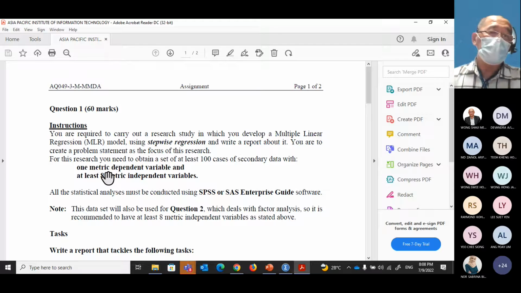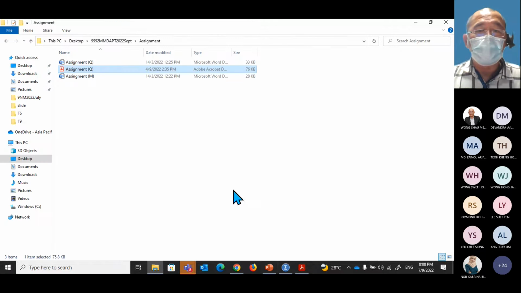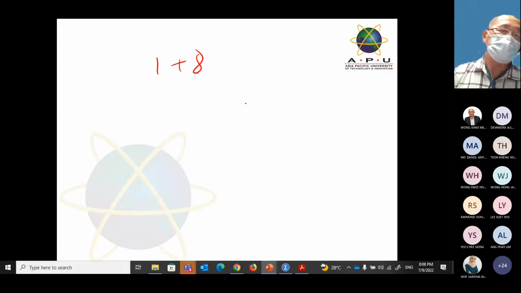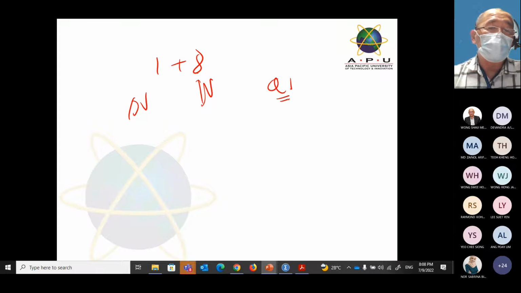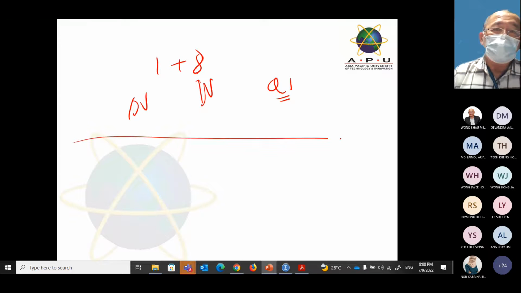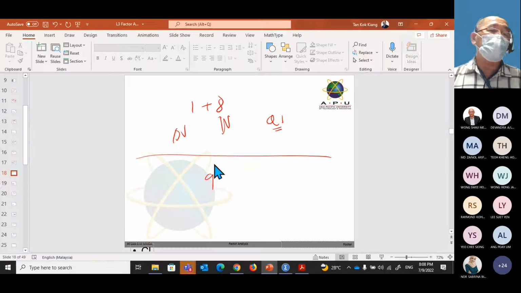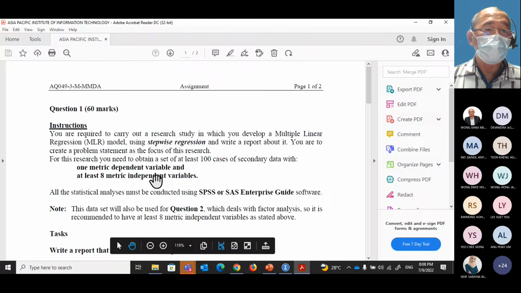Let's say you have one dependent and 9 independent, and you've done the example already. Now you put these 9 together. I think all 9 can be used to do the factor analysis.